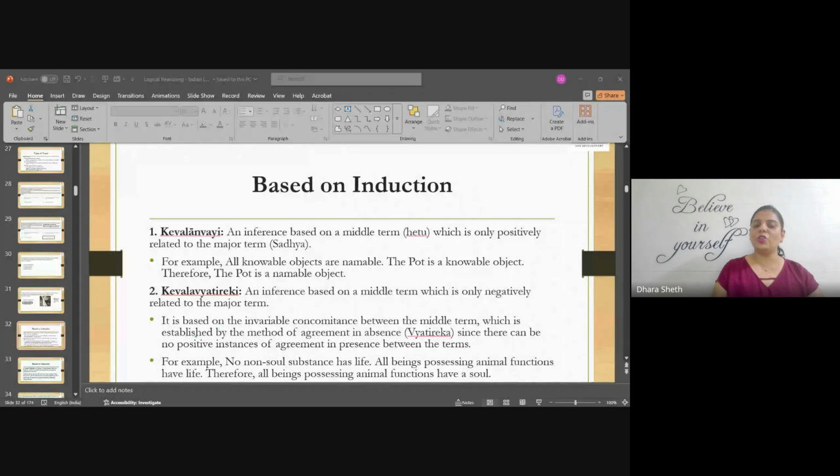Since there can be no positive instances of agreement, when those two things can never be together, we say because there is smoke, we can infer that there is fire because they are positively related. Now, when we say that you can never have, what should I say?